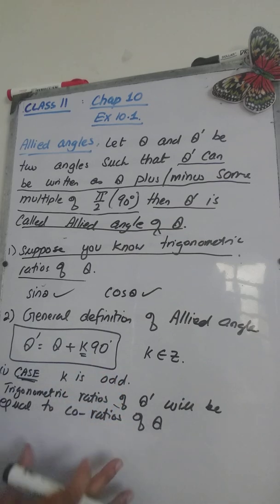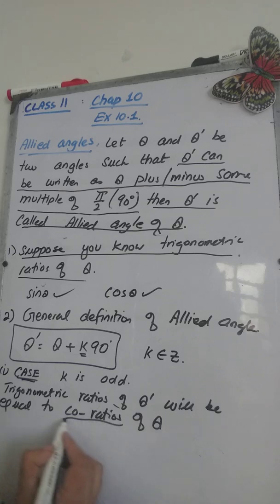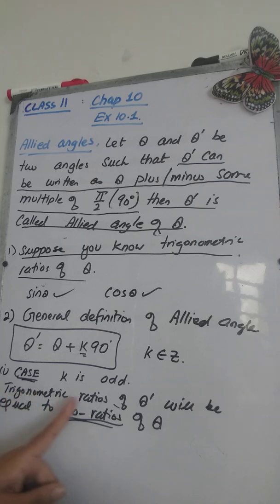If you have sine theta, then sine and cosine are called the co-ratios of one another. Similarly secant and cosecant, tangent and cotangent are co-ratios. So if theta dash is written in this form and k is an odd multiple of 90, then the trigonometric ratios of theta dash can be obtained by finding the co-ratio of theta.